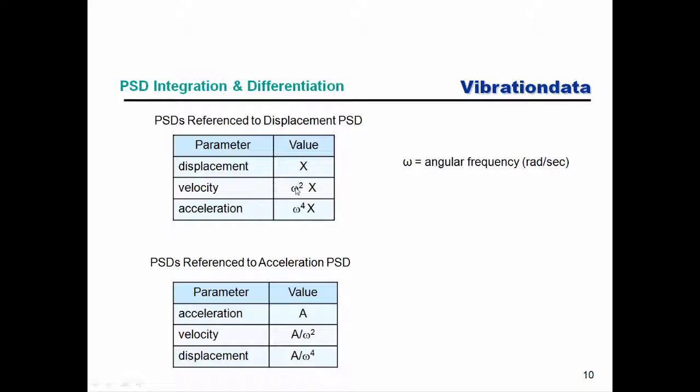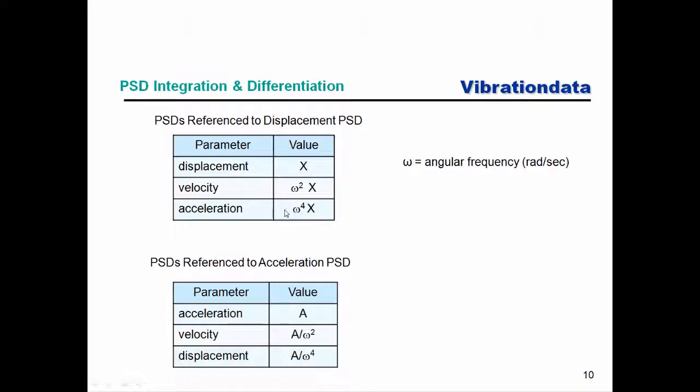It's an independent variable. So that's a better term than coefficient. But anyways, to get the corresponding velocity PSD, we take the displacement PSD and multiply it by omega squared, and we have to do that for each of the independent variable frequencies. To get acceleration, we take that displacement PSD and multiply it by omega to the fourth power.